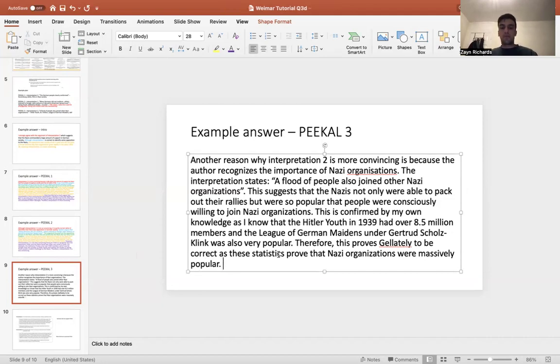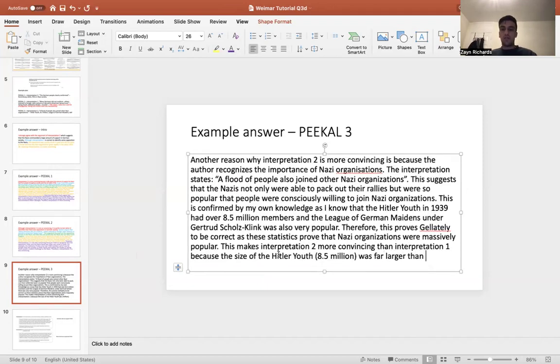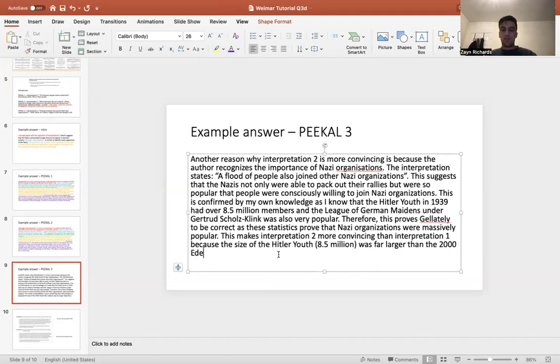I'm going to say this makes interpretation 2 more convincing than interpretation 1, because the size of the Hitler Youth was far larger than the 2000 Edelweiss Pirates and the small swing youth movement.